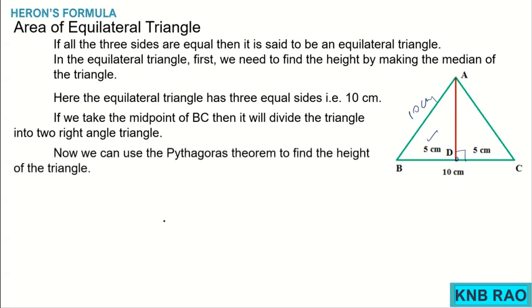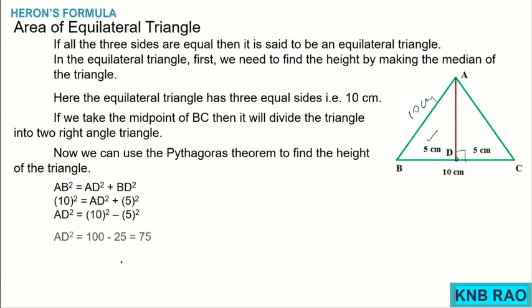Pythagoras theorem. Now we use the Pythagoras theorem to find the height of this triangle. AB square is equal to AD square plus BD square. If I keep AD square here and send BD square to that side, it becomes 10 square minus 5 square equals AD square, that is 100 minus 25, 75 is AD square.